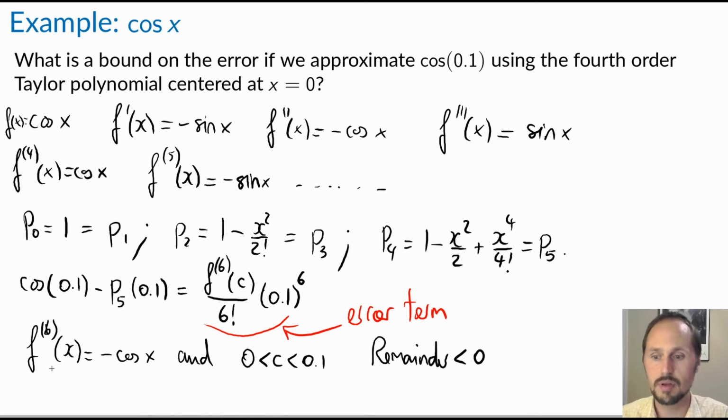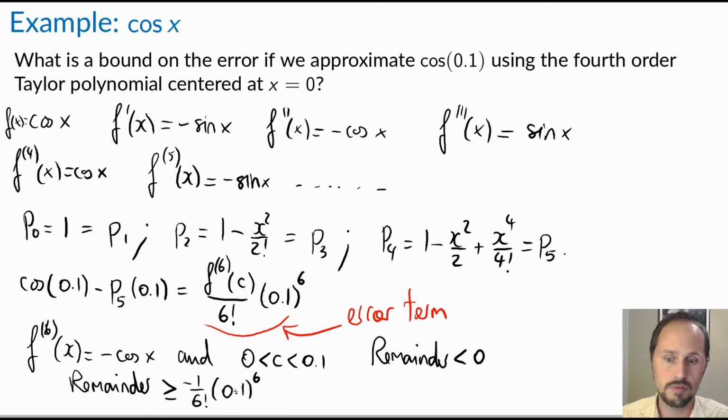is negative. But on the other hand, the remainder, I'm just naming that thing remainder, is also going to be greater than or equal to negative 1 over 6 factorial times 0.1 to the power 6.